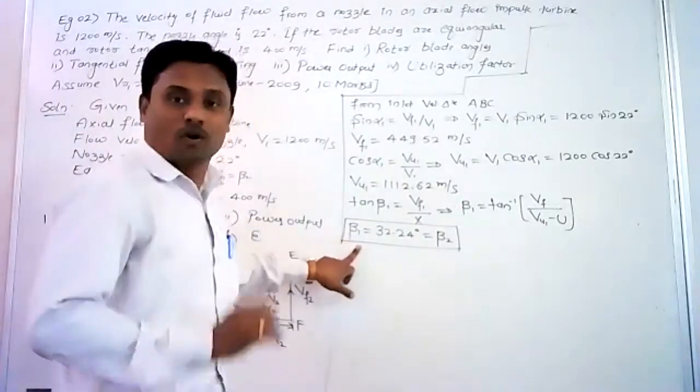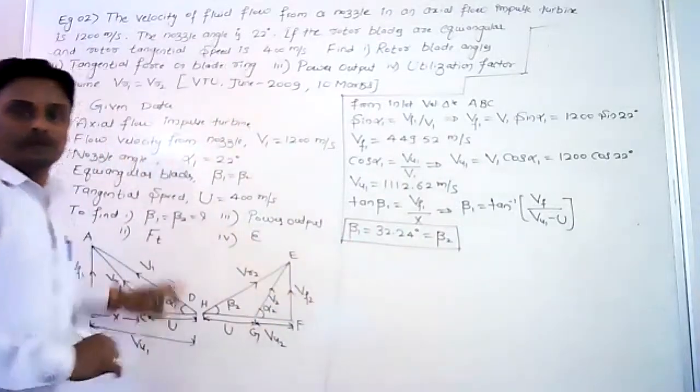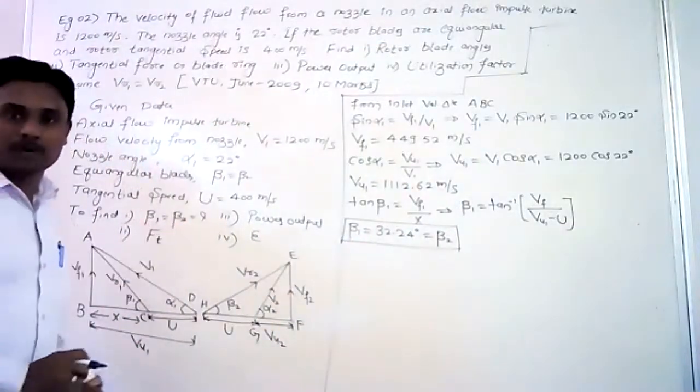So this is the answer for the first bit, because in the first bit he asked us to calculate beta 1 and beta 2.